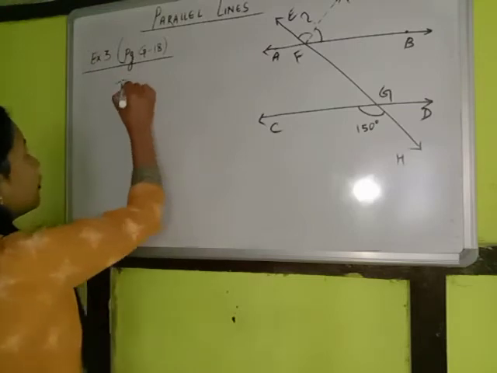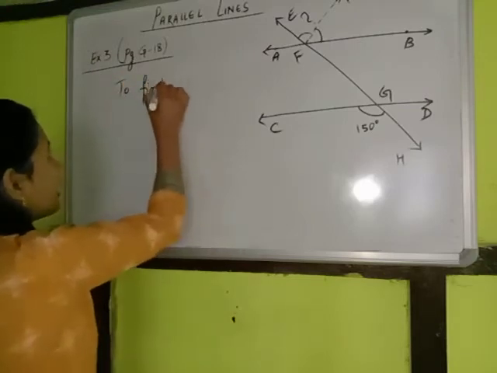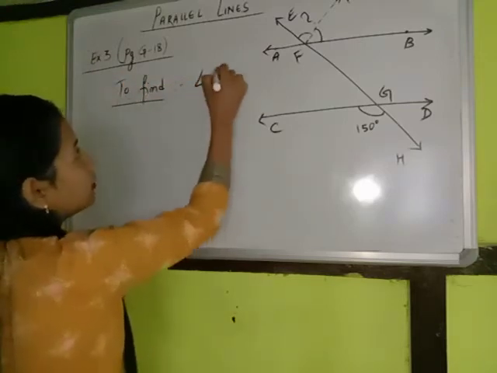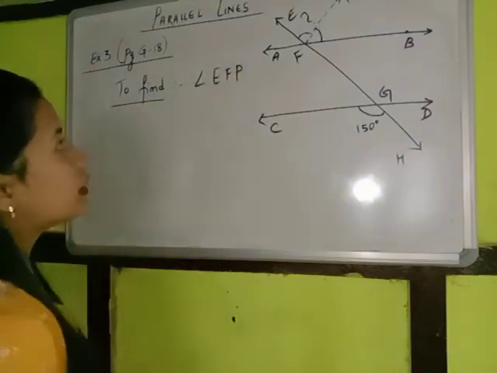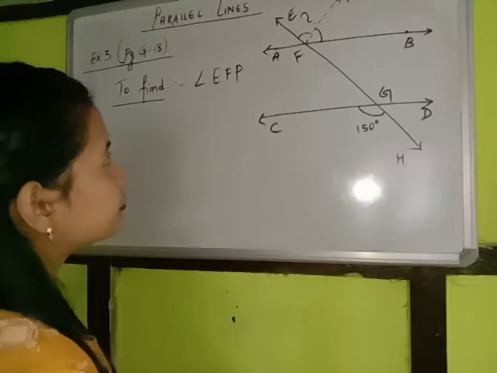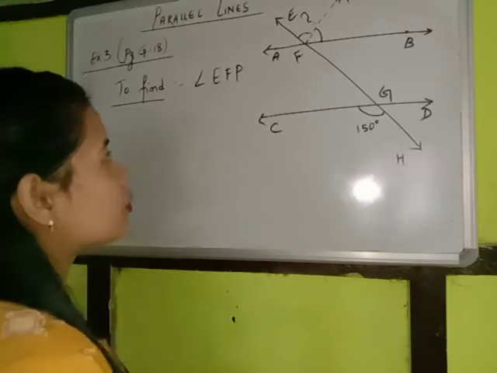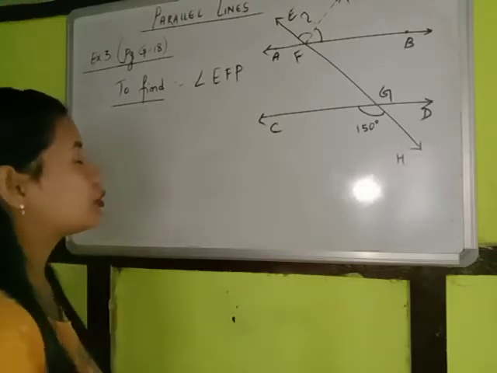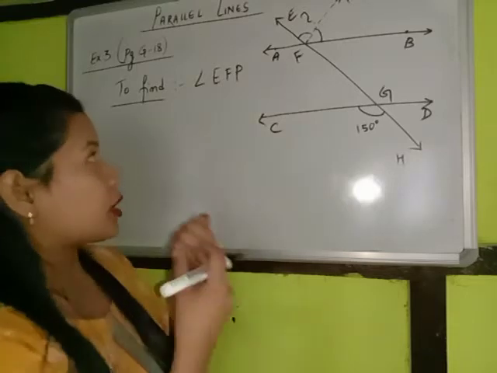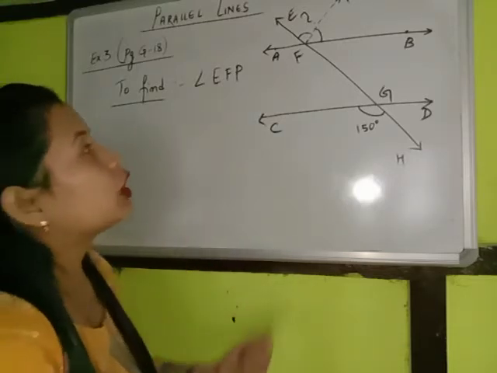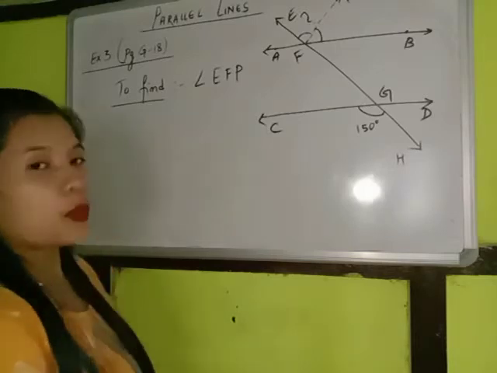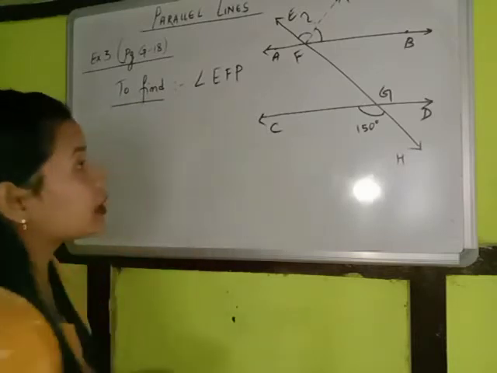I write down: to find angle EFP. Children, there are certain things you need to use. You need to use the concept of a bisector, and the concepts of vertically opposite angles and corresponding angles.